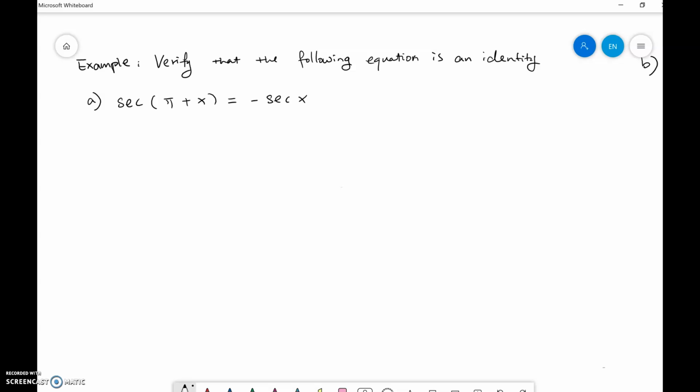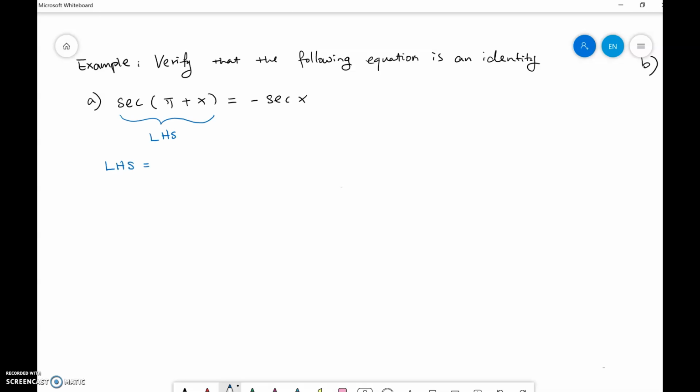The first one we have is secant of pi plus x equals negative secant of x. To verify identities, we always start from the complex side. The left hand side is more complex, so this is where we're going to start.